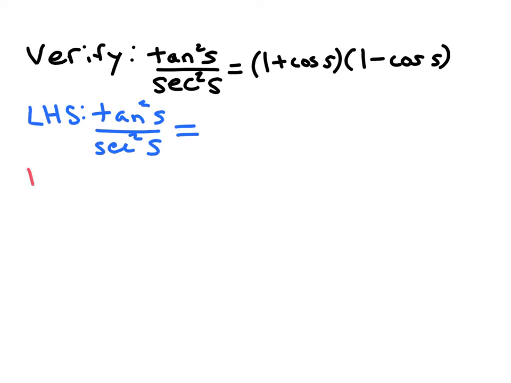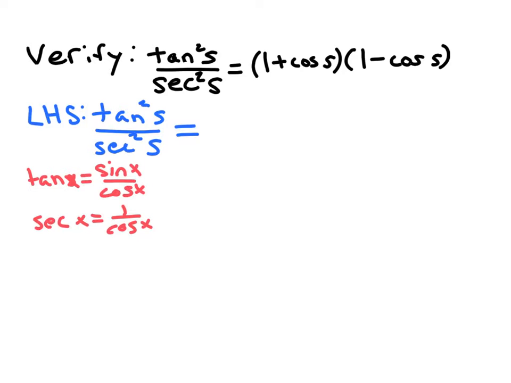It's an important identity to remember that tangent of x, I know the s doesn't look as clear maybe, tangent is equal to sine over cosine. And secant is the reciprocal, it's 1 over cosine.